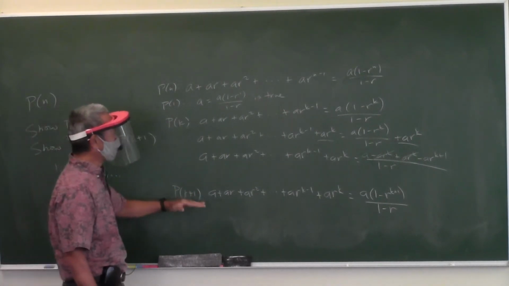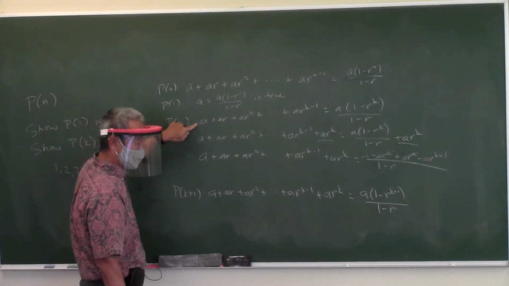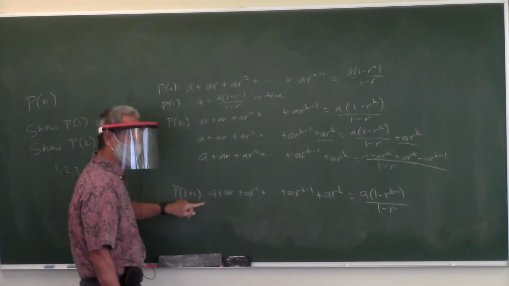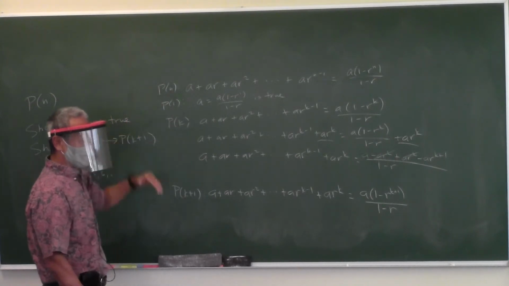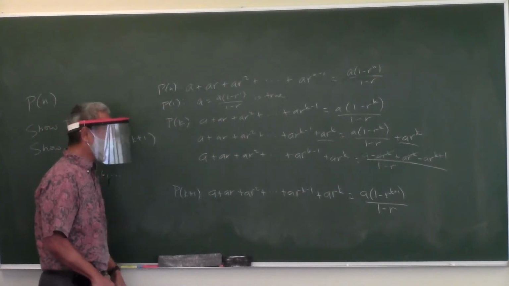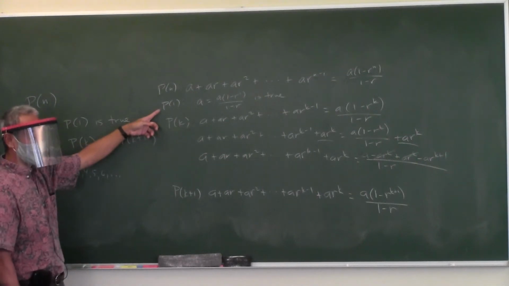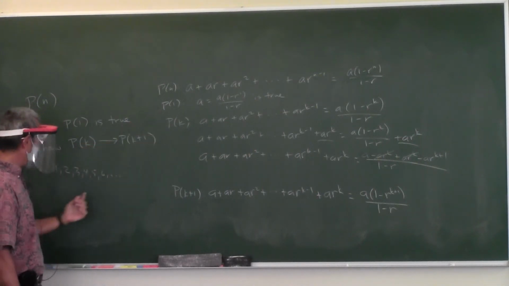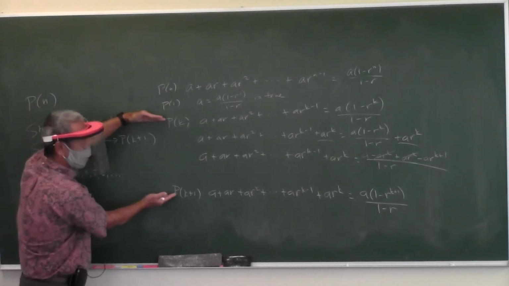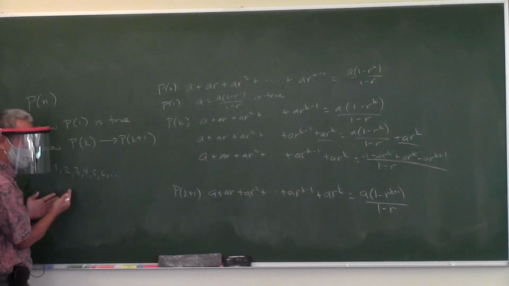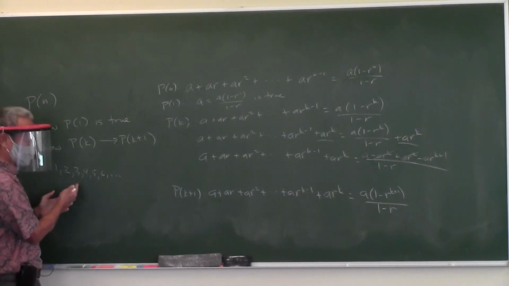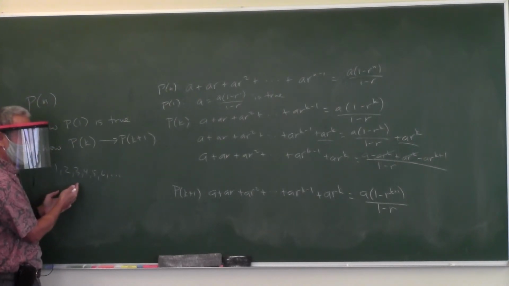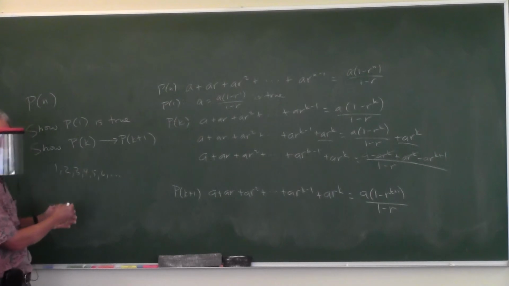No, we proved that if this statement is true, this one will be true. Oh, you don't have to prove that it's true though. Well, that's what we're trying to prove. Oh, we're not done. No, well, we're done because we showed that it works for 1. Because if it works for 1, then this thing here shows that it has to be true for 2. But then now that we know it's true for 2, therefore it has to be true for 3. Oh, yeah. And then if 3, then 4.